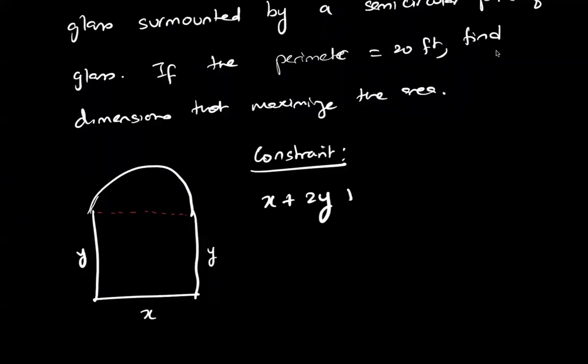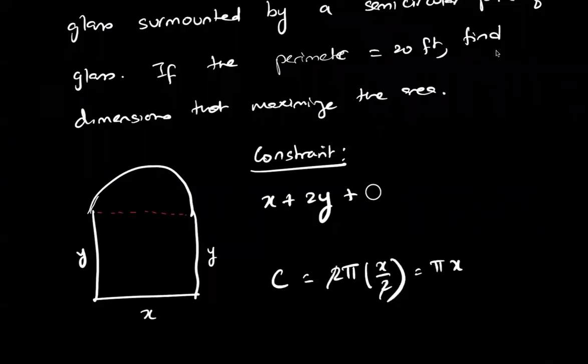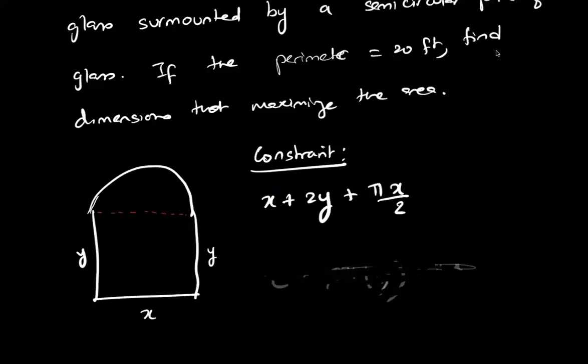So for a circle, the circumference is 2 pi r. So in this case, your r is x over 2, but this is a semicircle, right? So because this is a semicircle, I'm going to have this as pi x over 2. So now this whole thing becomes my perimeter, right? And according to what is given to me, it's given that this whole thing is equal to 20.